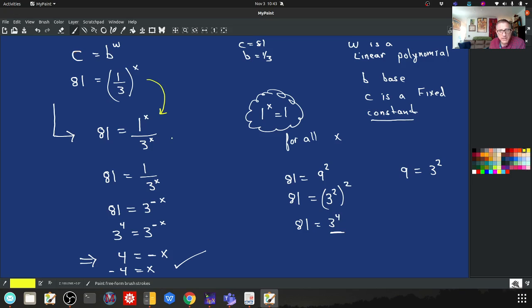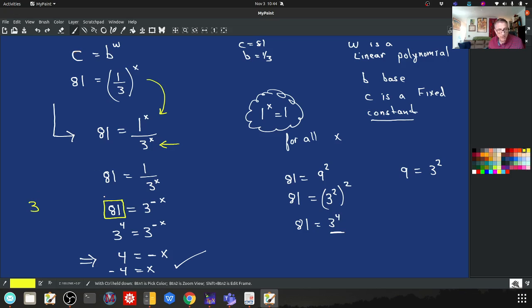So really, the engine that drives things is 3 to the x. It's the base 3. But 1 over 3 to the x, using exponent rules again, is just 3 to the minus x.